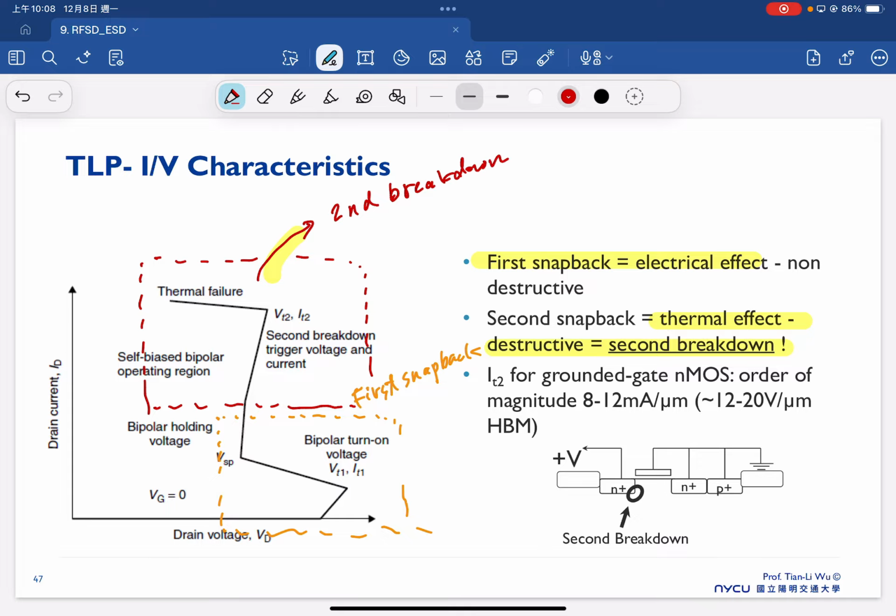This is a phenomenon that happens in the GGMOS. So this is a typical TLP-based IV. You will see that we not only have the first latch-up, first snapback, but we might also have the second one, which is due to the thermal effect.